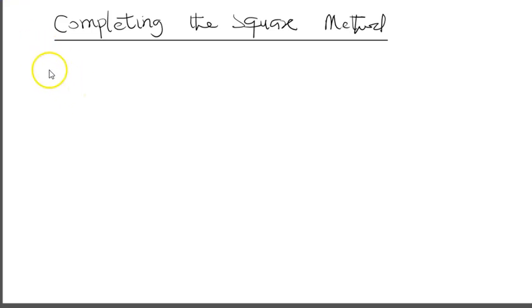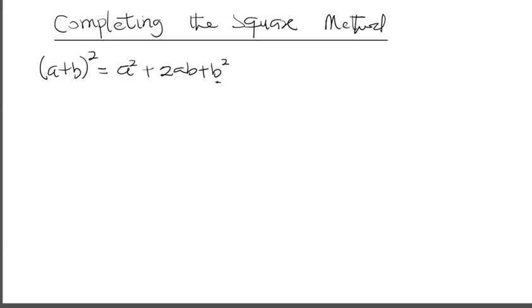To begin, let's look at this expression: (a + b) all squared. If we expand this expression, we'll obtain a squared plus 2ab plus b squared.